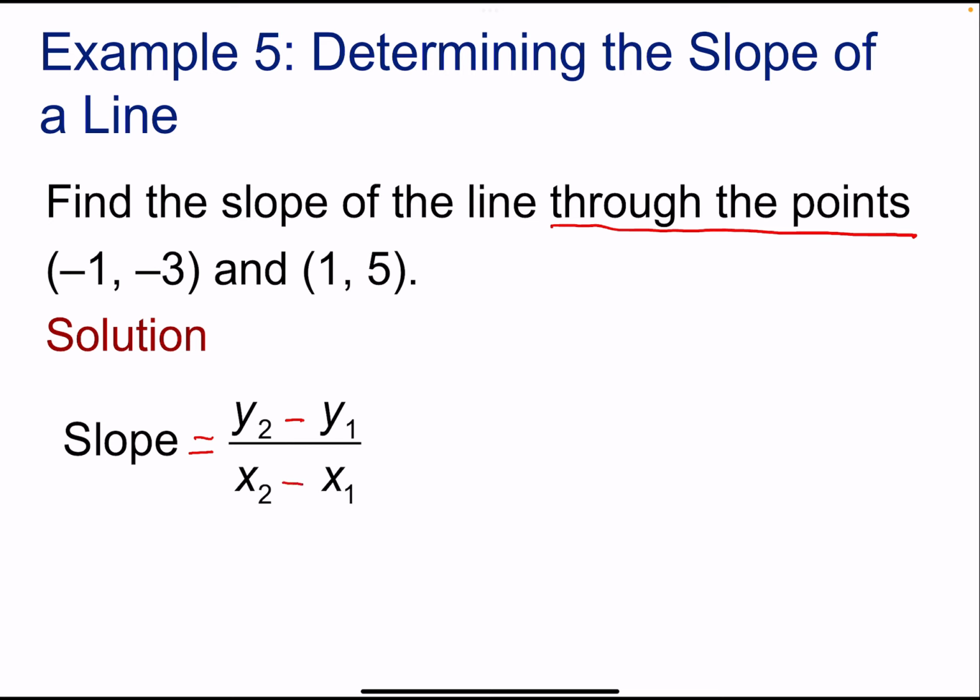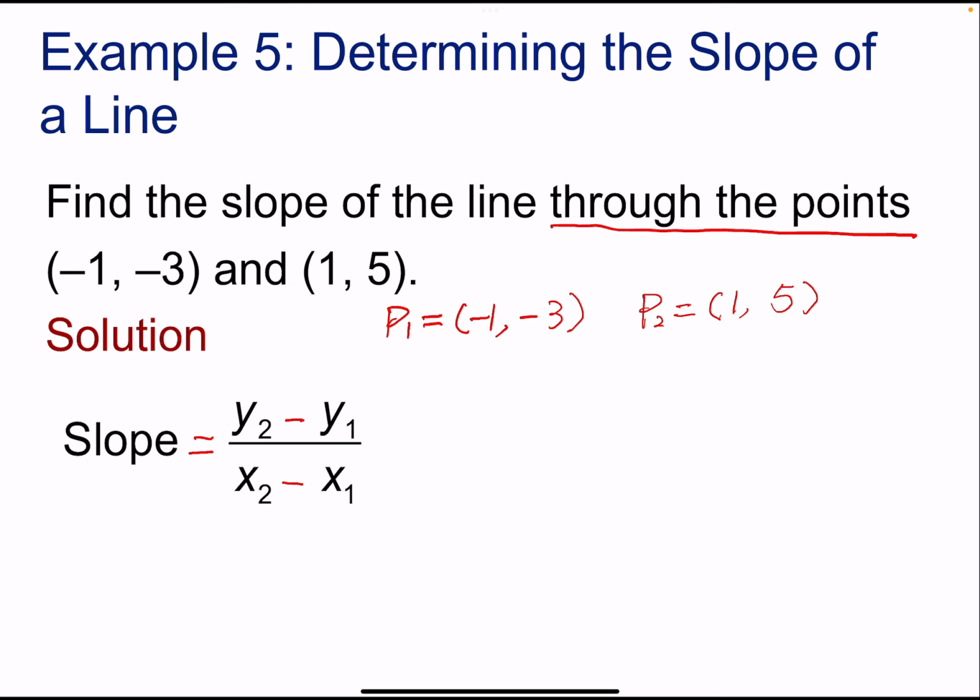Here we need to make sure which is y2, which is y1, and so on. So we denote p1 for this point, and we call it the first point. It doesn't matter which point you name as the first point. We denote the point with coordinates (1, 5) as the second point, p2.